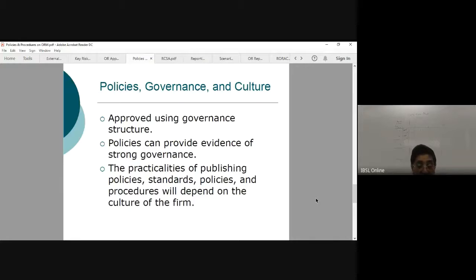When an organization has policies for several types of activities or several business areas, it provides evidence of strong governance. When strong governance is there for all of the business activities, there should be policies.